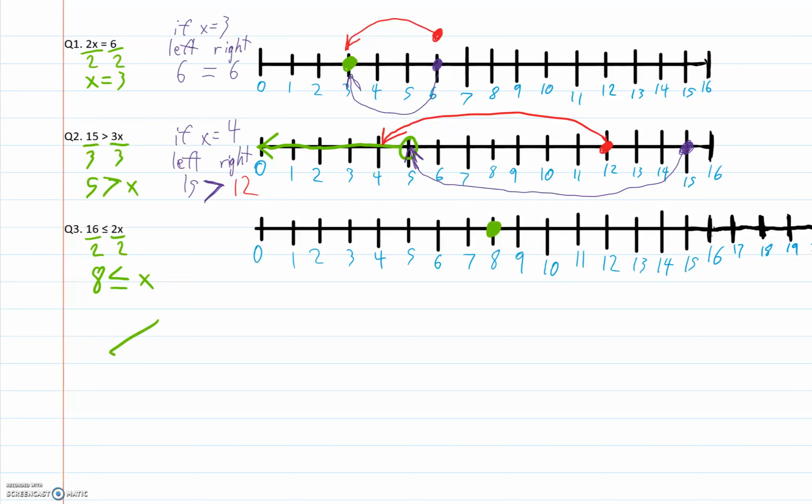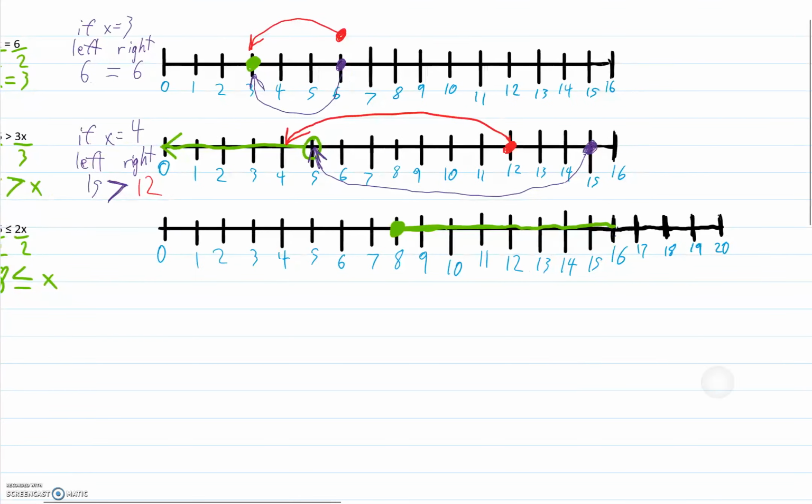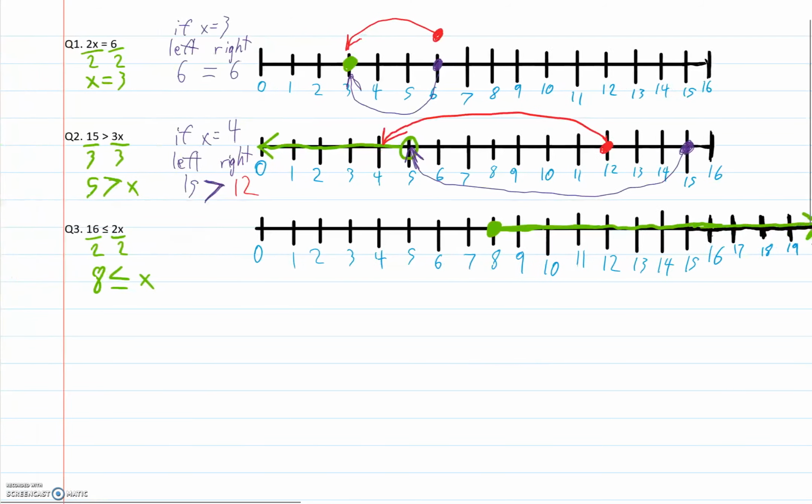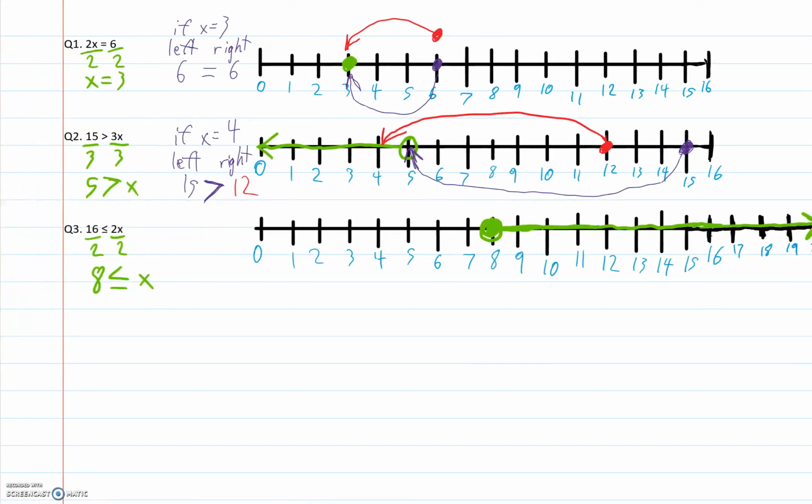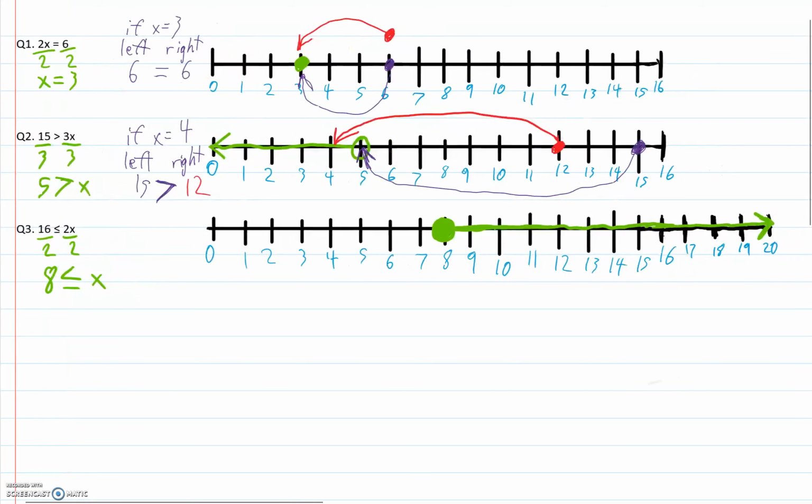I think about it like I talked about in 6.3, the bigger side is the bigger number. So then it goes all the way in this direction, all the way till the end of my number line. Okay, so that's my fantastic number line there.